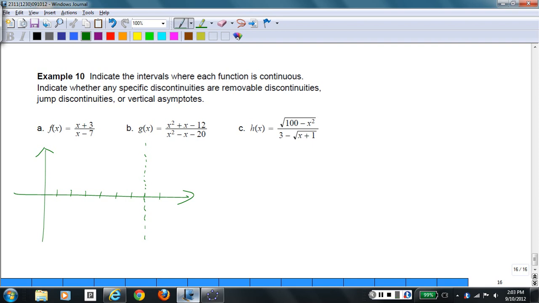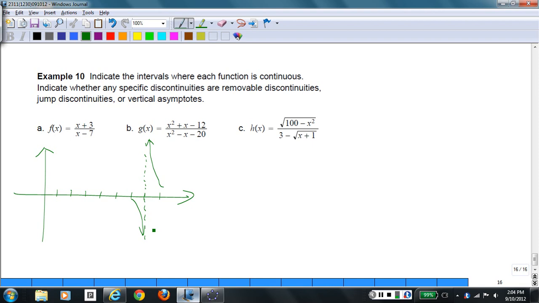A number close to 10 divided by a small positive number is going to be a great big positive number. So the graph is going to approach positive infinity. On the other hand, if x is a little less than 7, the numerator is going to be a little less than 10, but the denominator is going to be a tiny negative number, and when you divide a positive number by a tiny negative number, you get a great big negative number, so it's doing this.